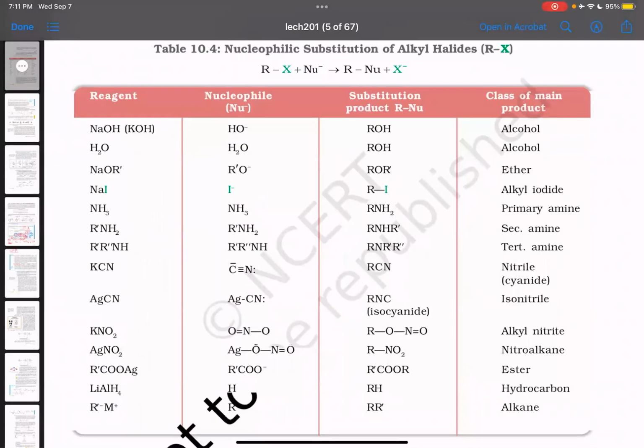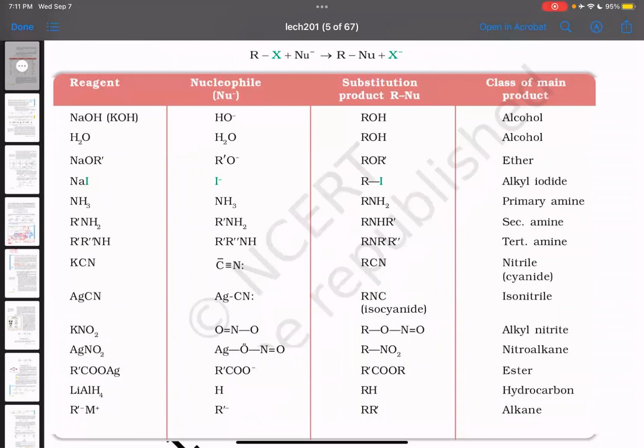Okay. So this is the list of all the nucleophiles. Very basic table, but very, very important. If you react RX, the alkyl halide, with KOH, OH minus is going to attack. A normal nucleophile will attach in only one manner.